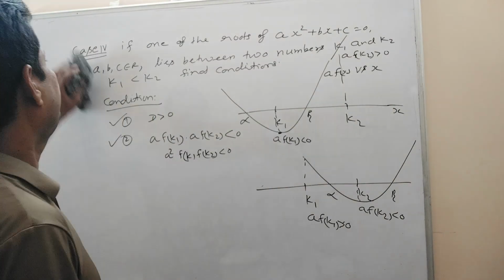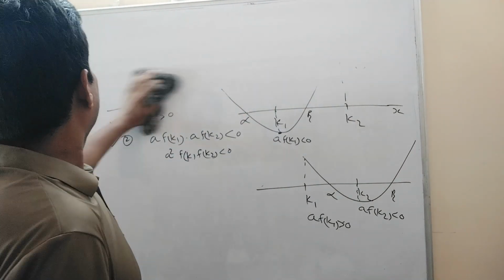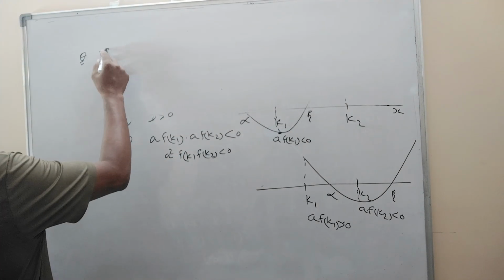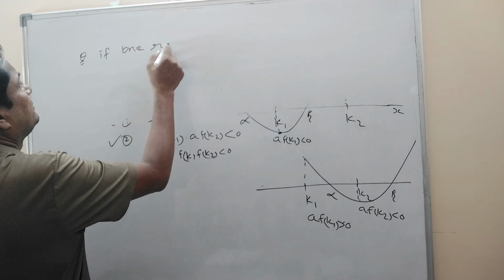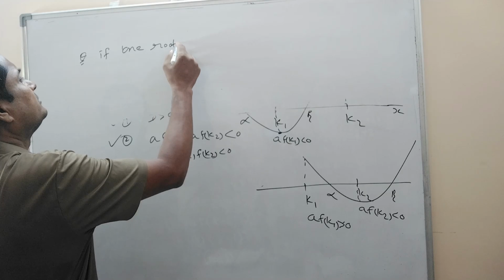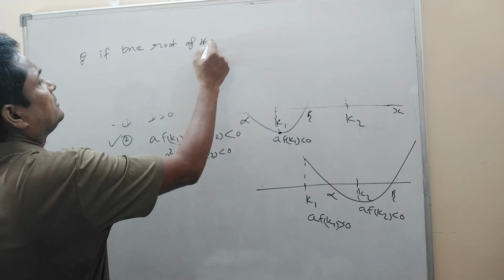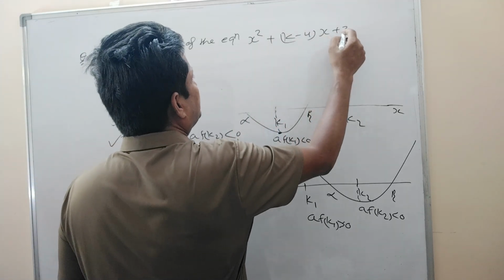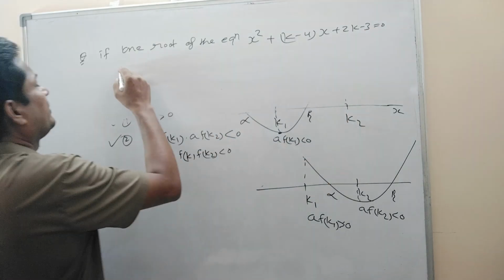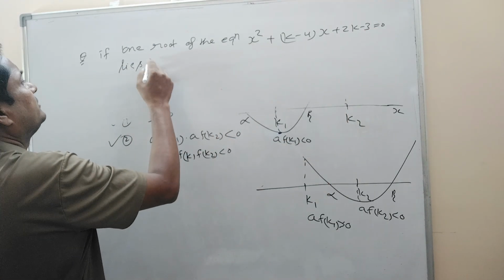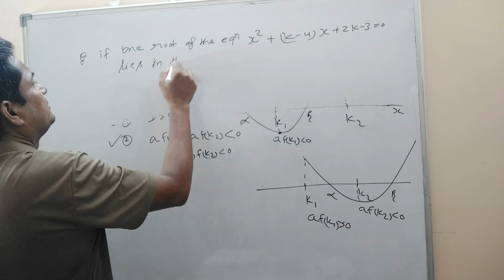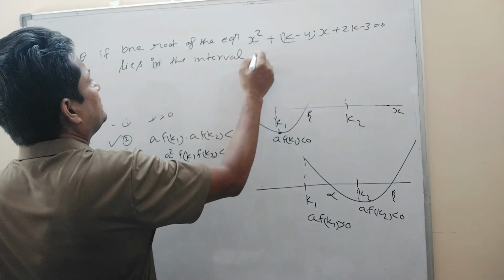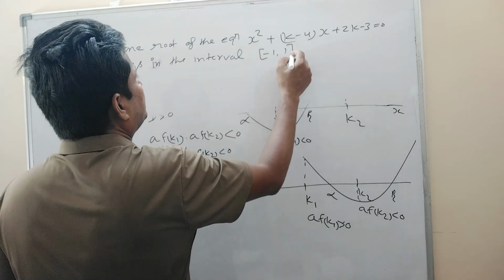Now let's take an example. If one of the roots of the equation x square plus (k minus 4) into x plus 2k minus 3 is equal to 0 lies in the interval minus 1 to 1.